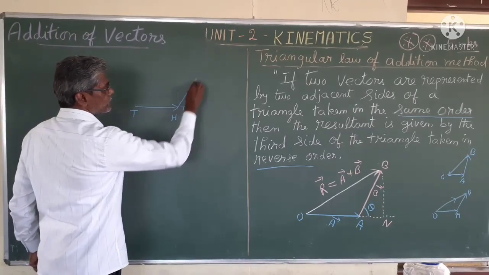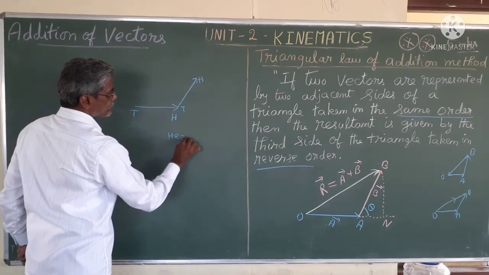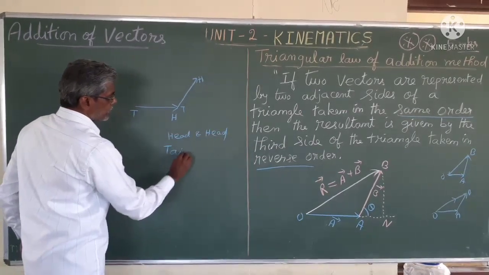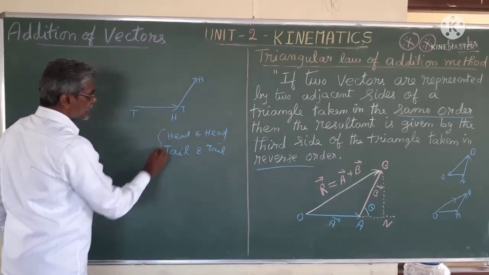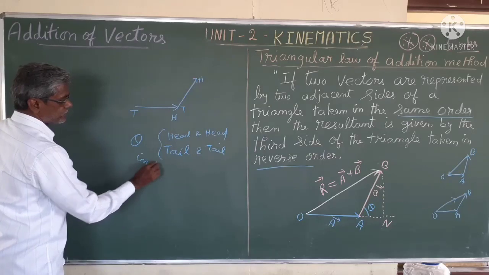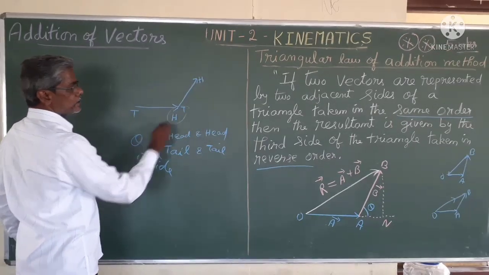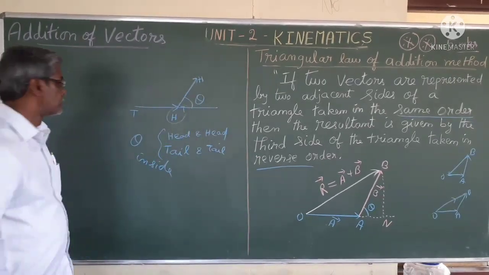This is tail, this one is head. So if it is head and head, or tail and tail, then the angle will be inside. If there is head and tail, then the angle must be outside. Clear?